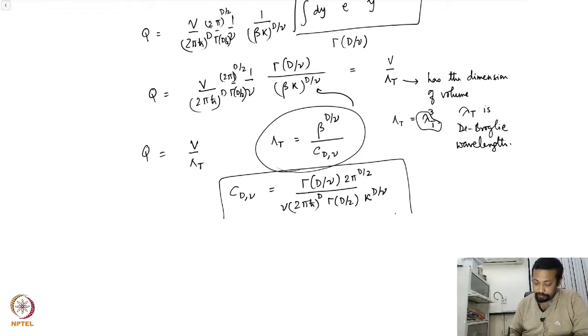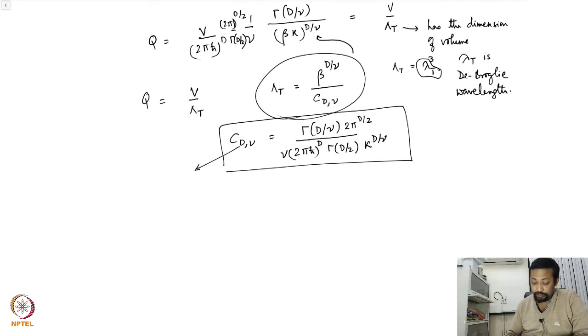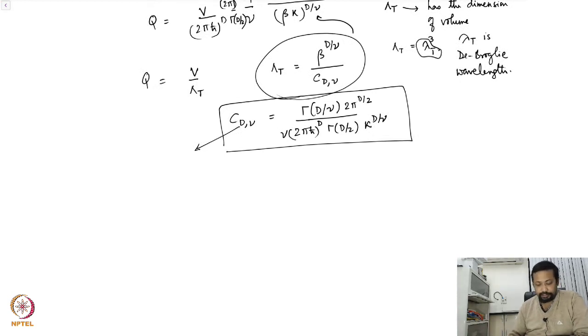So this is the expression for any arbitrary dimension d and a value nu. One can construct the de Broglie wavelength from here. We'll come back to this. We'll explicitly derive this expression, particularly for the case of kappa equal to 1 over 2m and nu equal to 2. But right now let us continue with this calculation.